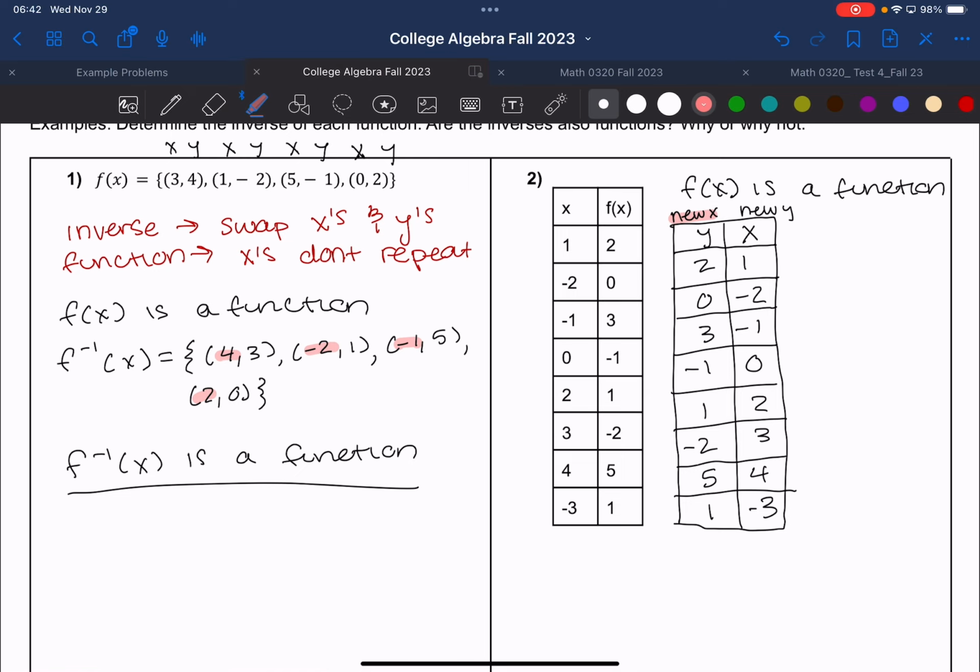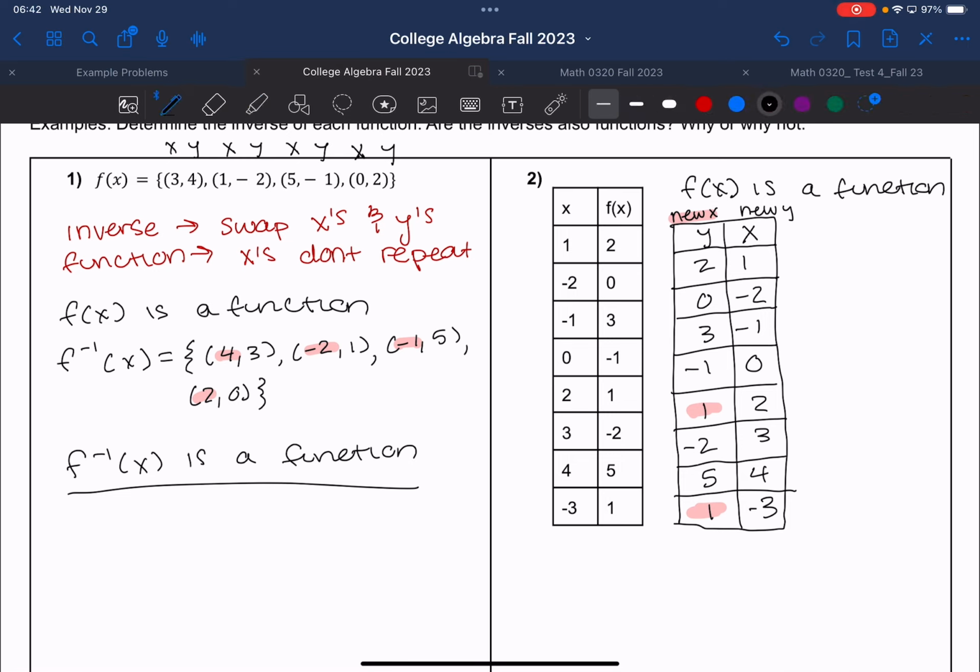So now looking at our new table, our inverse, is this a function or not a function? Good, it's not a function because our new x's have two 1s. That means we have a repeating x, so this is not a function.